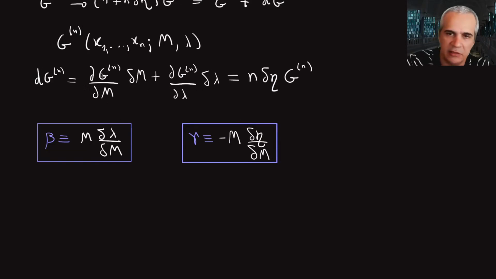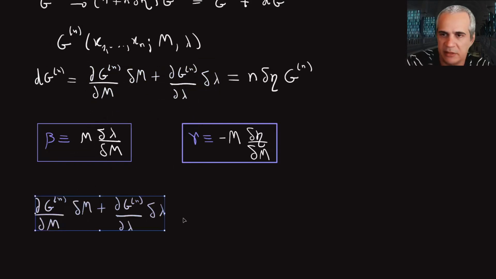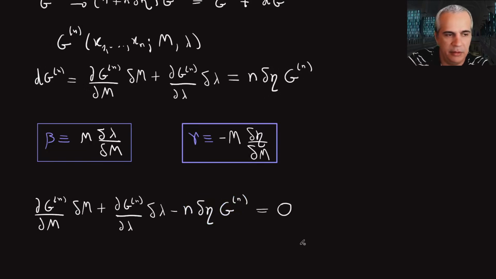Just take this equation, let me rewrite it this way, so I can take this piece down here, take this one, bring it to the left with a minus sign, so this guy comes over here, and that means this whole thing is equal to 0.